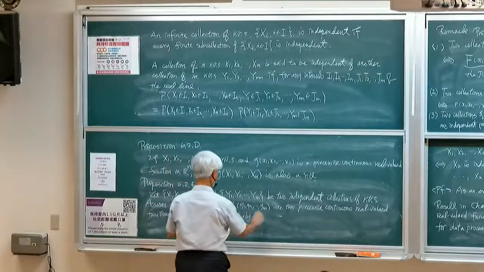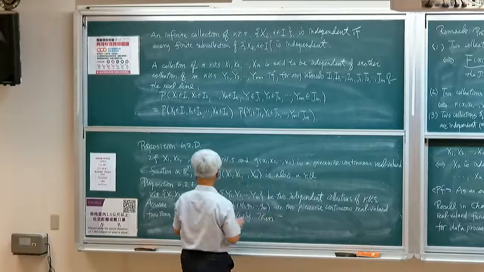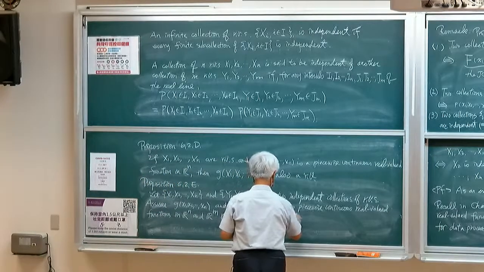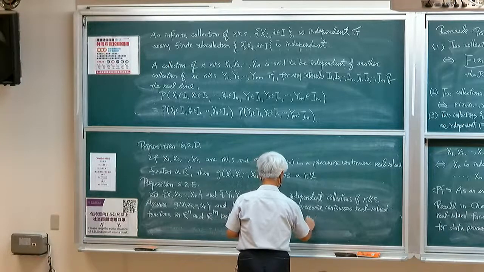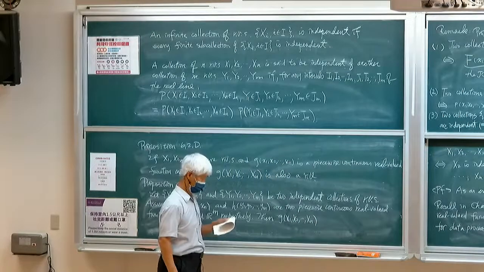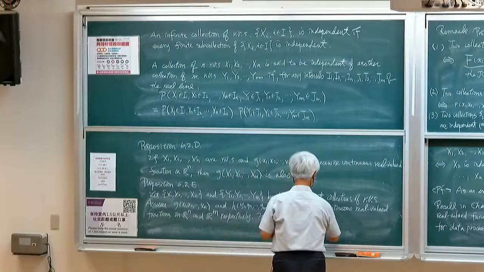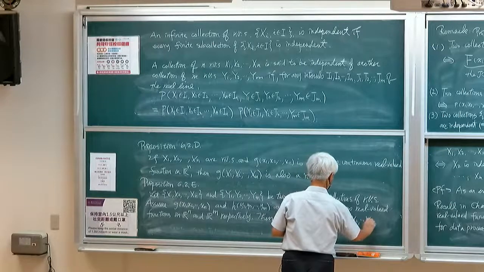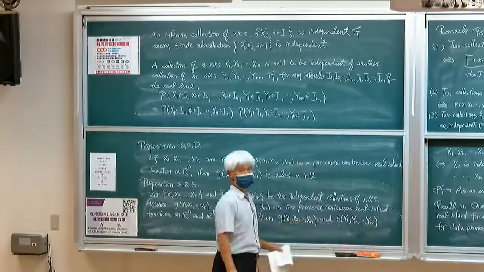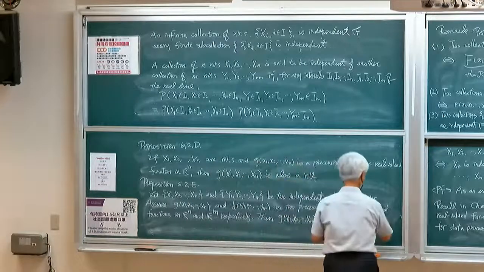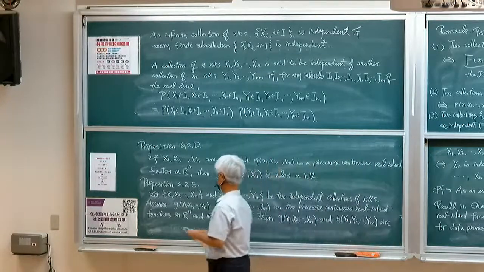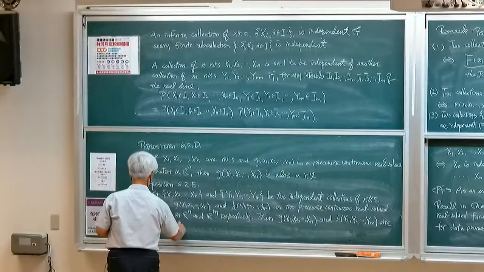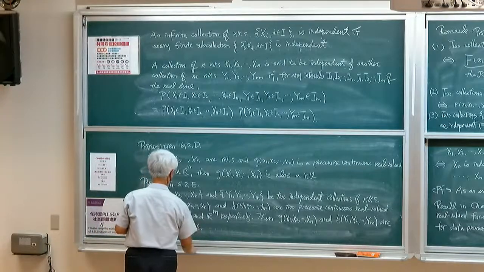Then g of X1, X2, up to Xn, and H of Y1, Y2, up to Ym, these other random variables, are independent random variables.